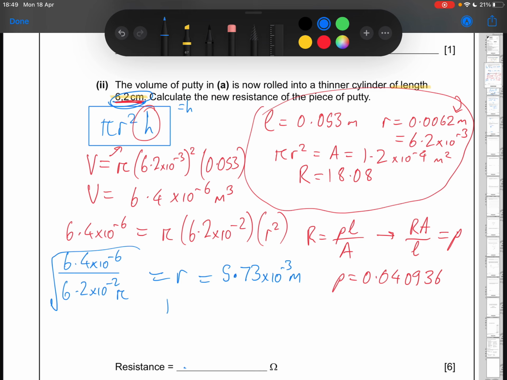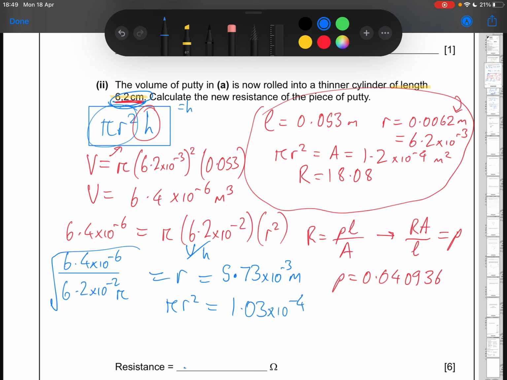So using this to find pi r squared, which is our cross-sectional area, all you needed to do was volume over the height. But nonetheless, pi r squared is going to be pi times 5.73 times 10 to the minus 3 squared, which gives 1.03 times 10 to the minus 4.